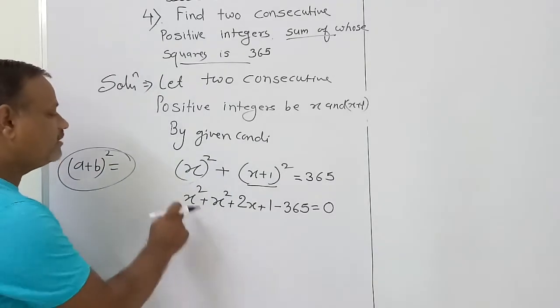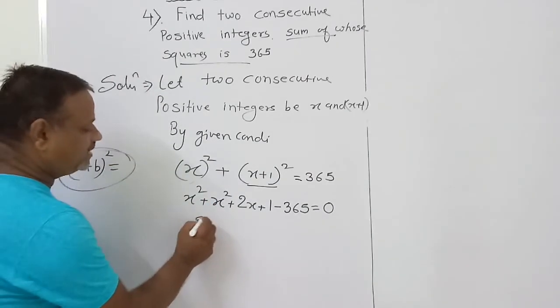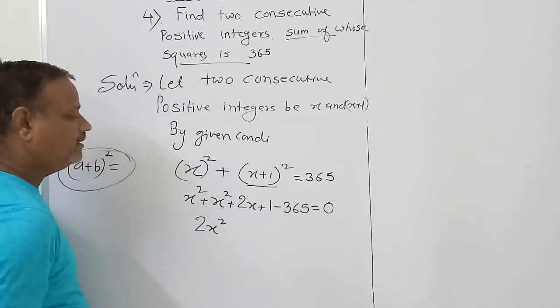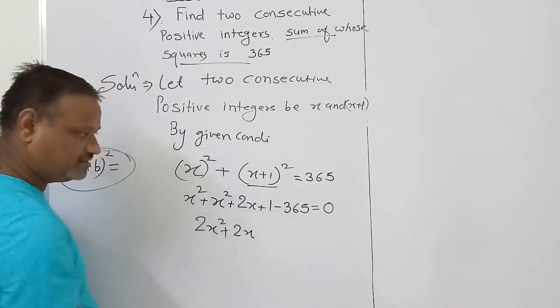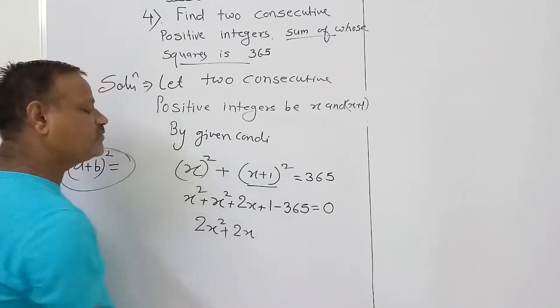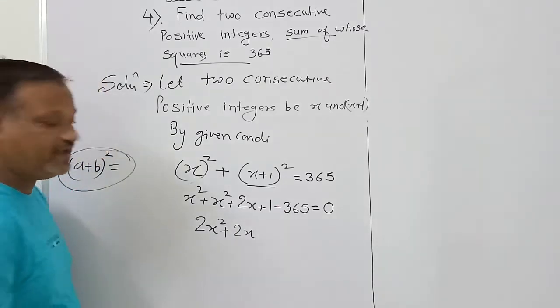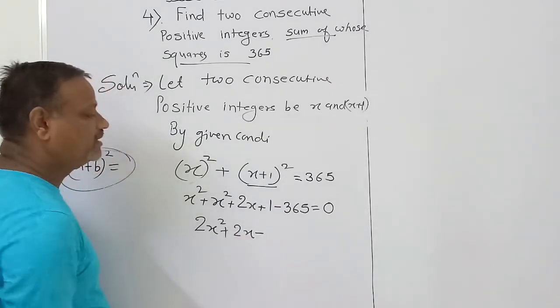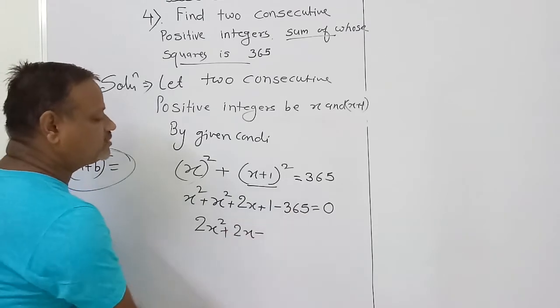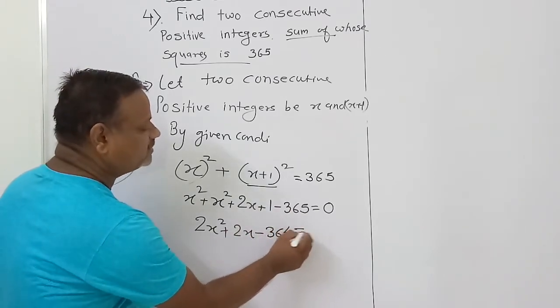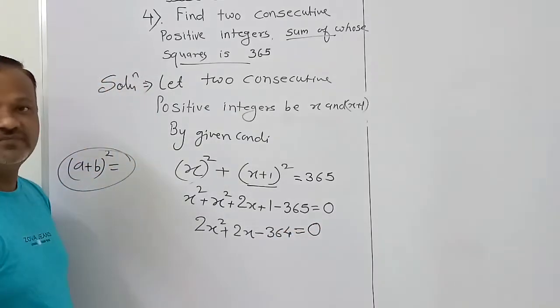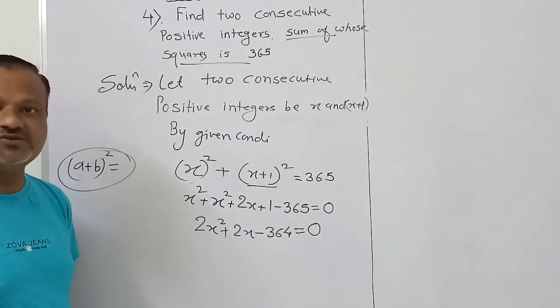Got it? Now x square plus x square is 2x square, plus 2x. Then 1 minus 365: the greater number is negative, so the answer will be negative. That is minus 364 equals 0.